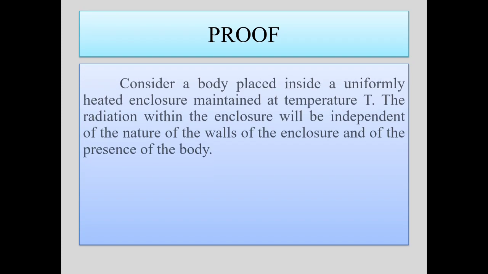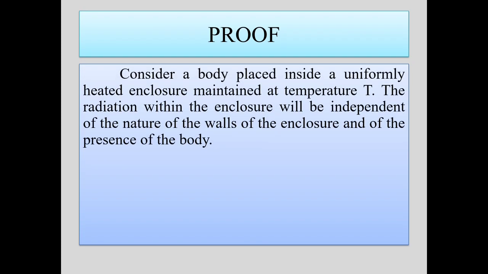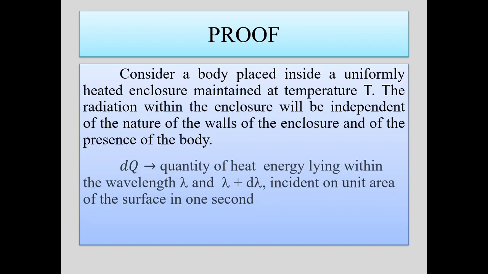For this, let us take an enclosure which is heated uniformly and maintained at a temperature T. And let us introduce a body inside that enclosure. The radiation within the enclosure is independent of the nature of the walls of the enclosure as well as of the presence of the body.